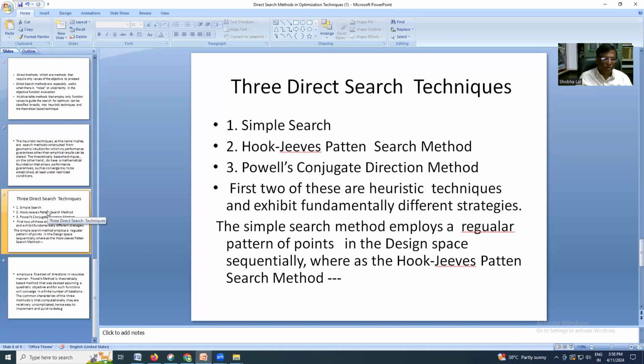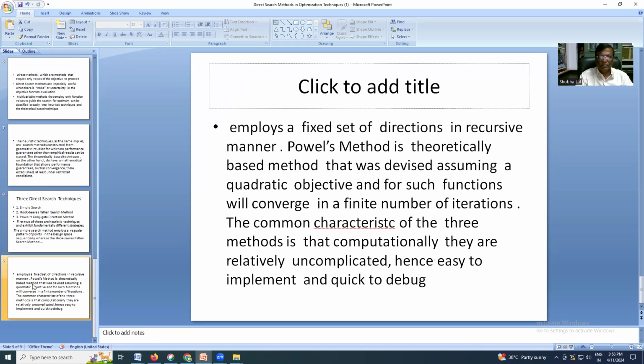One thing that is very much important for us to discuss is, if I am saying you that you have to apply simple search method, or Hooke's Jeeves methods, or Powell's conjugate direction methods, then in which situation or in which case are you supposed to apply either of the three methods?